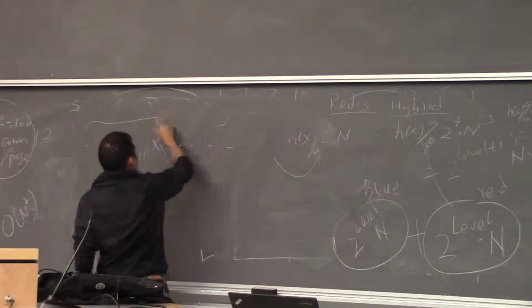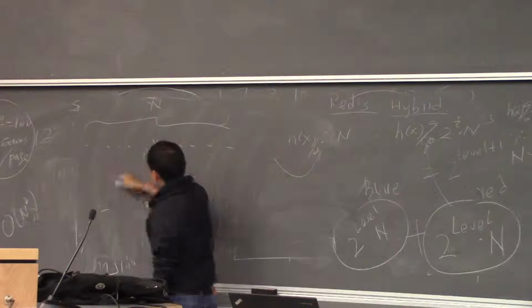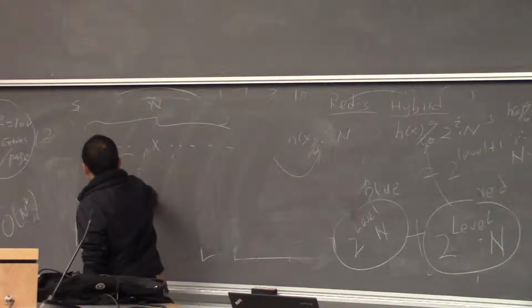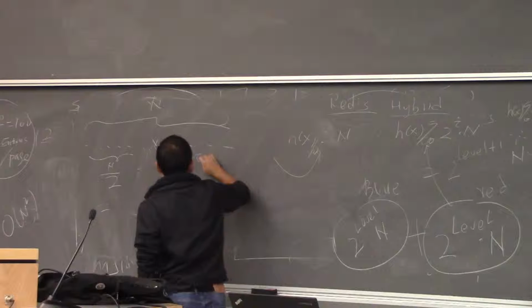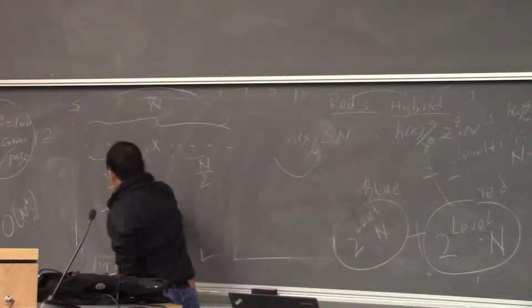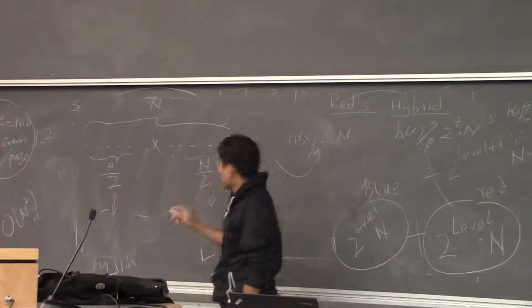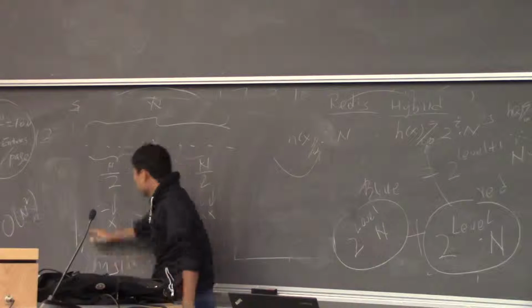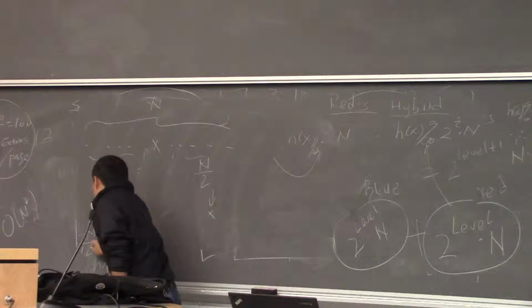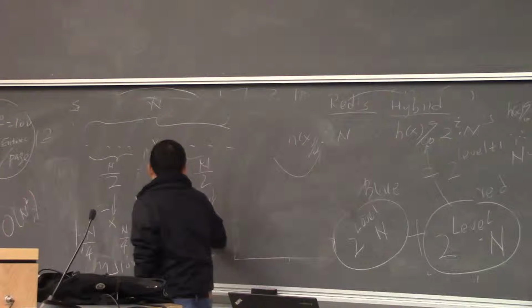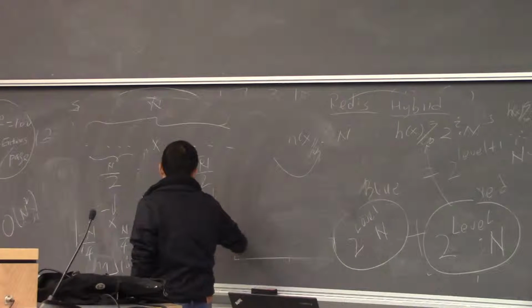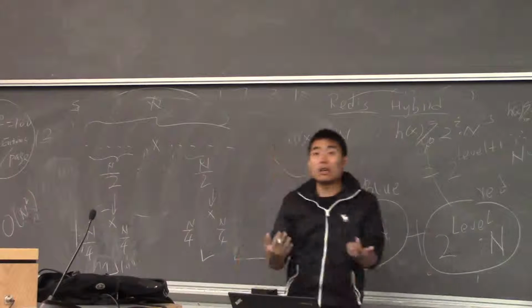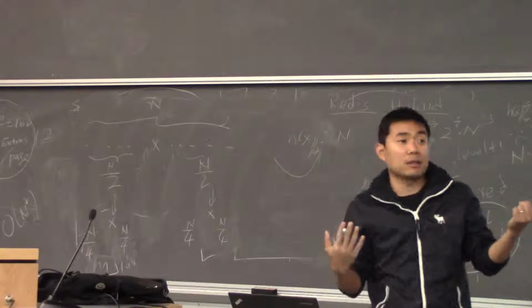So initially you have n of them, and this is your pivot, and this becomes half of n, this becomes half of n, then you recurse. And if you're really lucky, when you recurse, you choose the median again, and this becomes n over 4, and so on and so forth. And you terminate when you only have one number left.